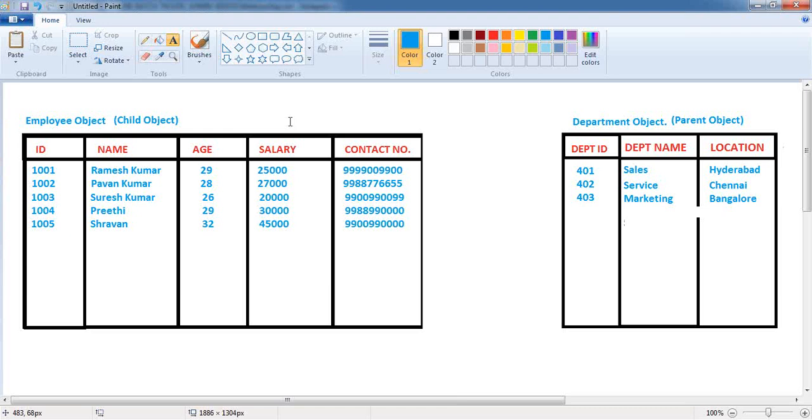Because of your surname they can identify that he belongs to a certain family, and that surname comes from the parents only. So always we have to map the association from child to parent, not from parent to child. A child belongs to a parent, not the other way around. The parent is already there; now a new child has come into the world, and he belongs to that parent.